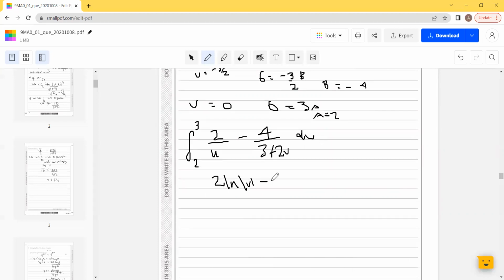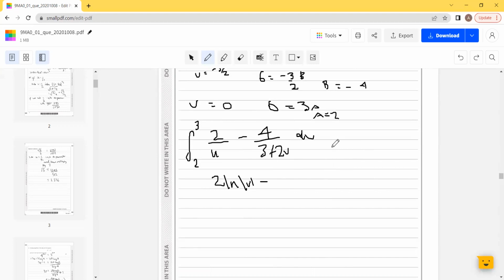And minus, well, if we just had 1 over 3 plus 2u, we would just have a half. Actually, let me explain it this way.